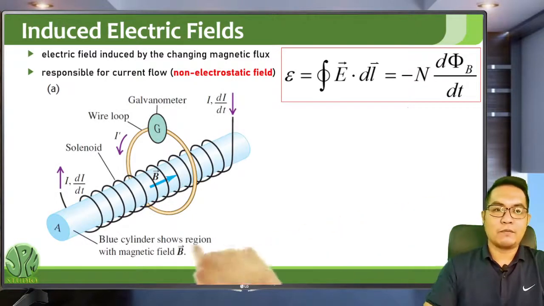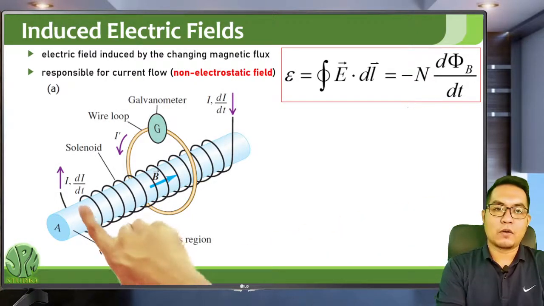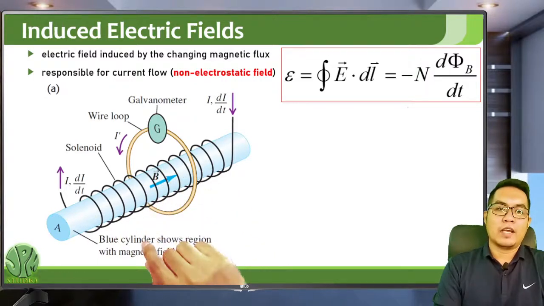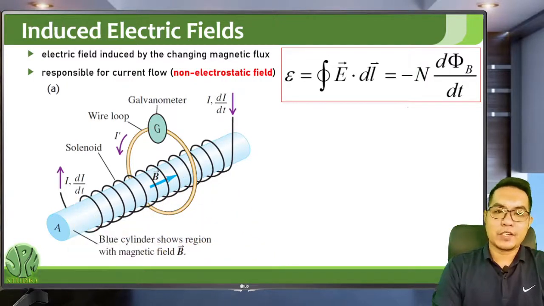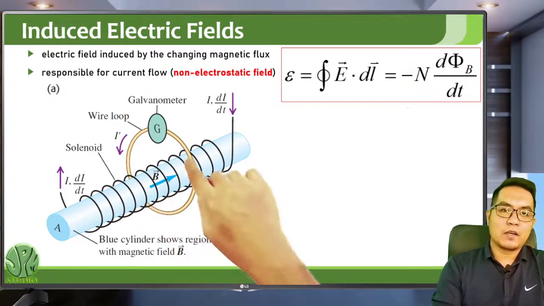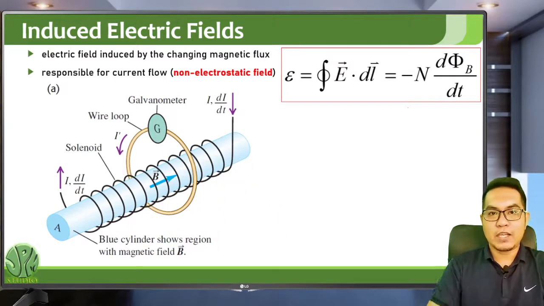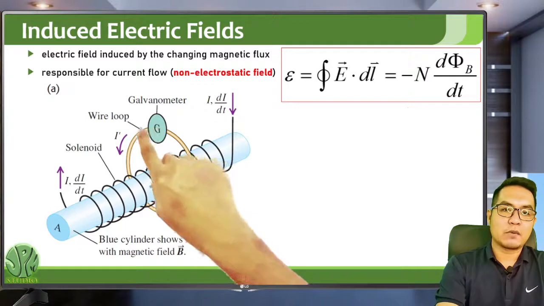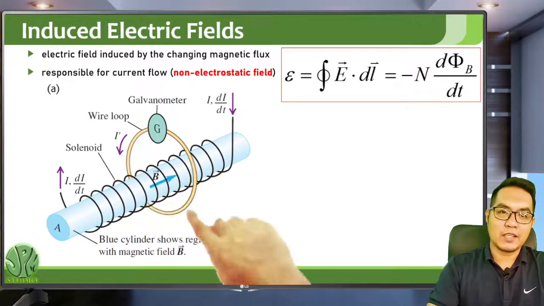If you have, for instance, a coil of wire, and the current in the wire is changing, for example, it's increasing, and you place another loop, then there will be an induced electric field in the loop. That induced electric field is responsible for the induced current in the loop.